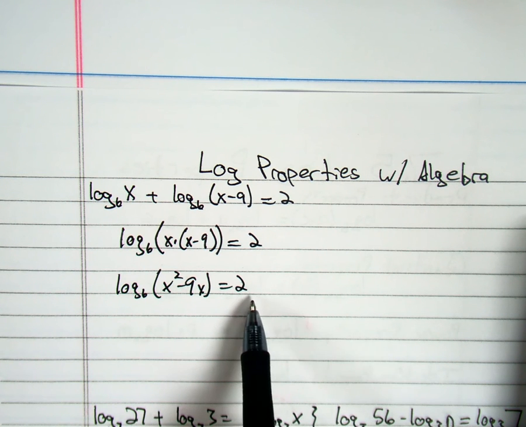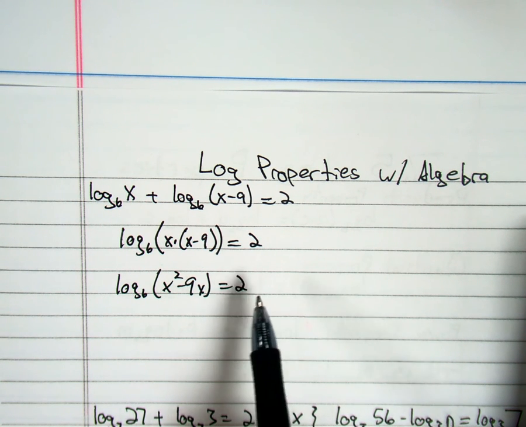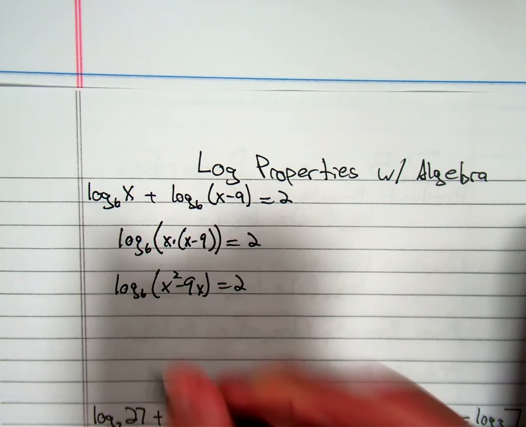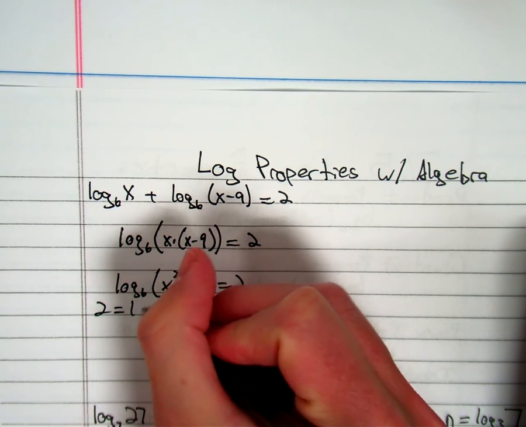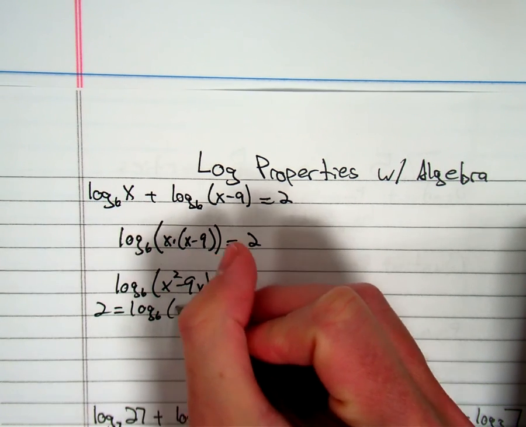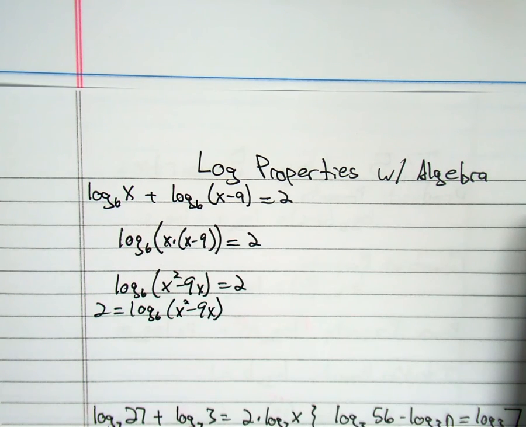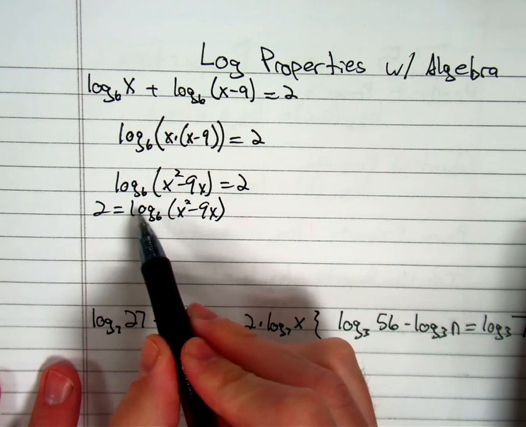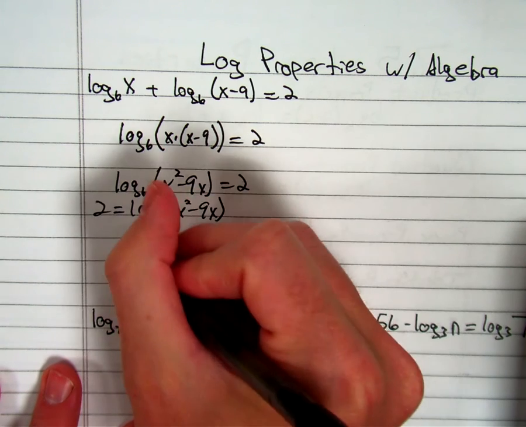Okay, so log base 6 of x squared minus 9x equals 2. Now we're going to take our log, convert it to exponential, and solve. All right, you know Mr. Handke likes the 2 on the other side. 2 equals log base 6 of x squared minus 9x. 6 to the power of 2 equals x squared minus 9x.